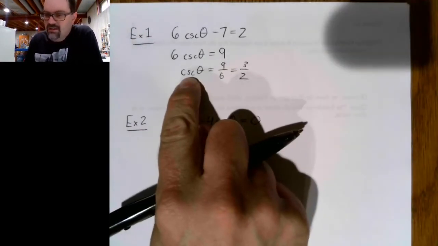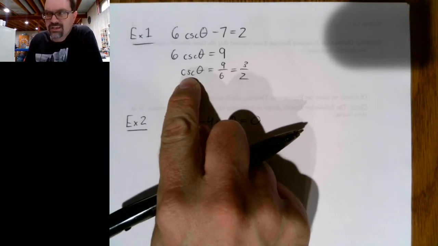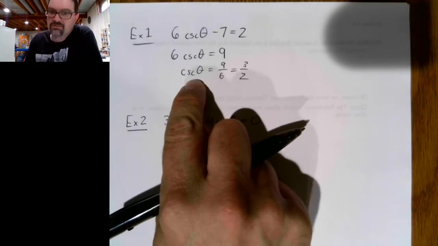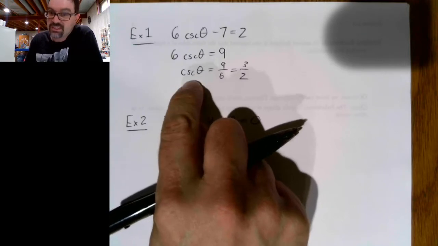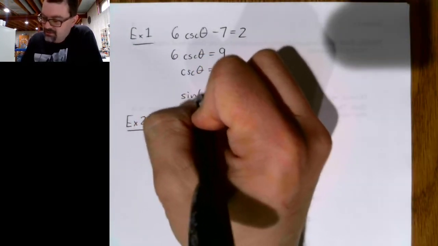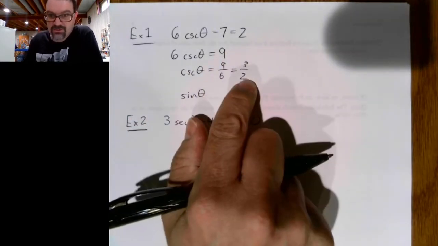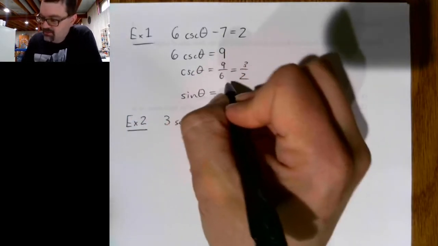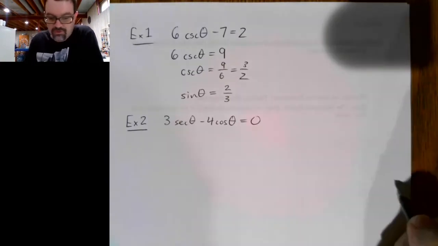And that's cosecant. And if we had a nice inverse cosecant function on the calculator, we could just use it, but most calculators don't. So what we got to remember is that cosecant is the reciprocal of sine. So if cosecant is 3/2, then sine theta would be 2/3.